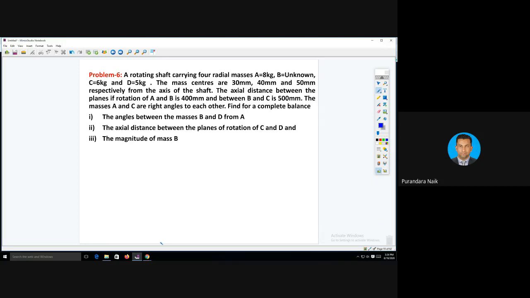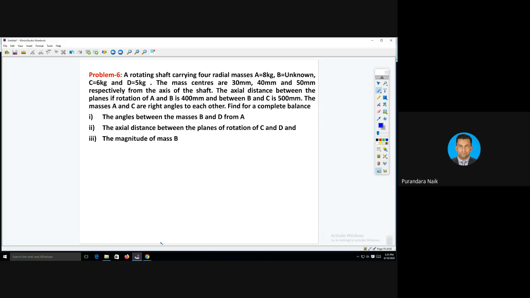Find, for a complete balance, first, the angles between the mass B and D with respect to A. That indicates A is a reference mass here, so you can consider A along the positive x-axis or 0 degree line. Then the axial distance between the planes of rotation of C and D, and the magnitude of mass B. So this is the typical problem.